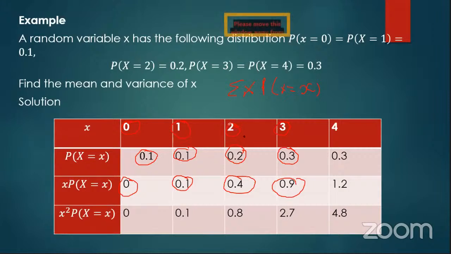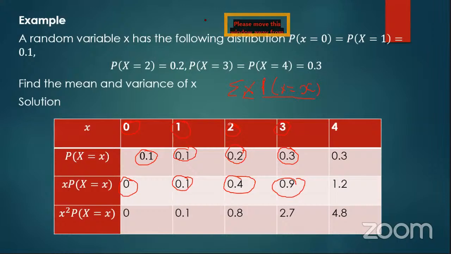So what we are trying to do is find the mean. We take x, multiply it by the probability values, and then add. Then our last row was 4.